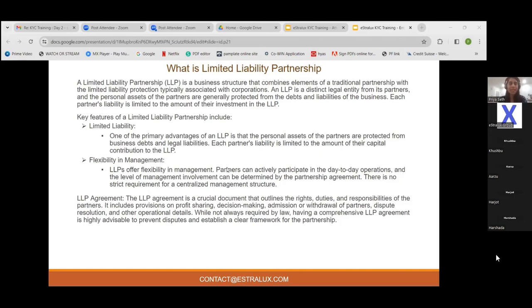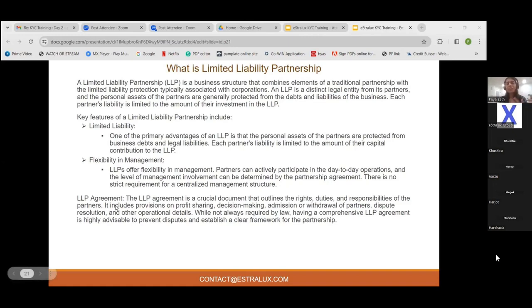Going ahead, what you will have as a document when an LLP is formed is, of course, the LLP agreement. You must have some documentation, right? Like if there is a partnership, there is a document which is maintained. This is known as the LLP agreement. What will you have in that?